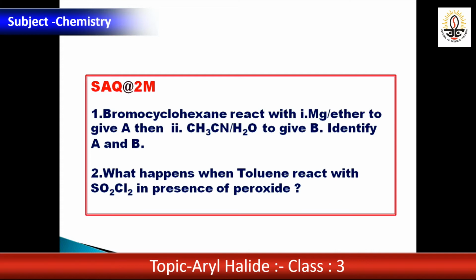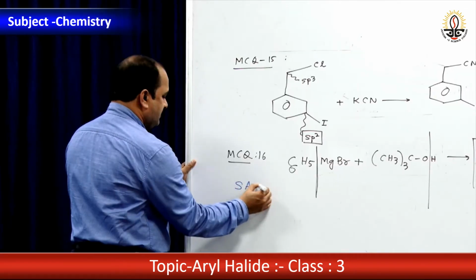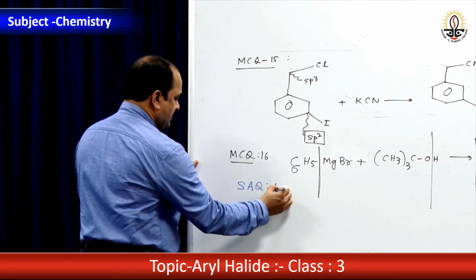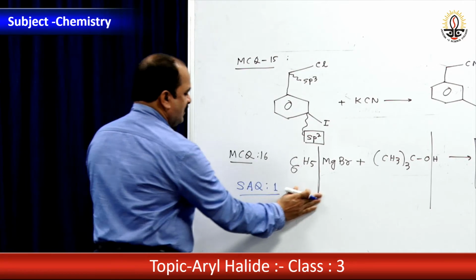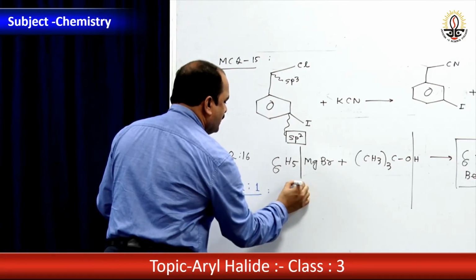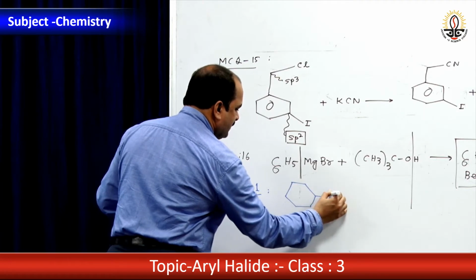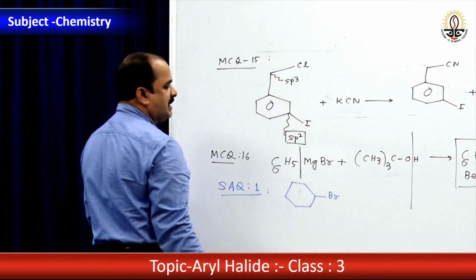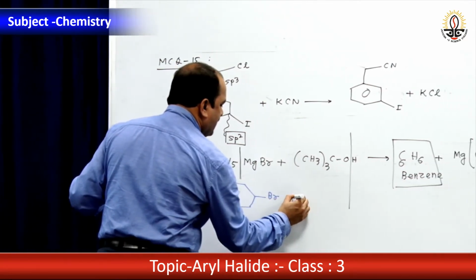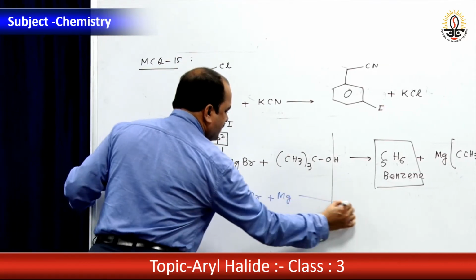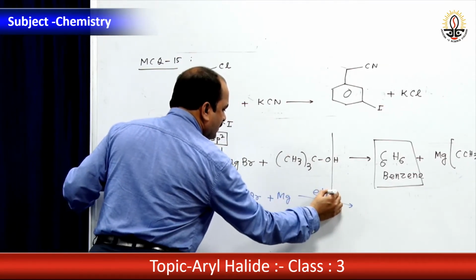Bromocyclohexane plus magnesium. Short answer question number 1. It is cyclohexane, it is bromocyclohexane. Bromocyclohexane reacts with magnesium in presence of ether.